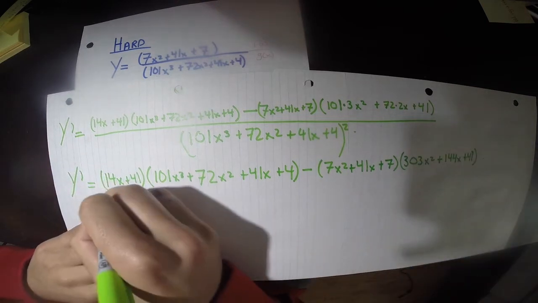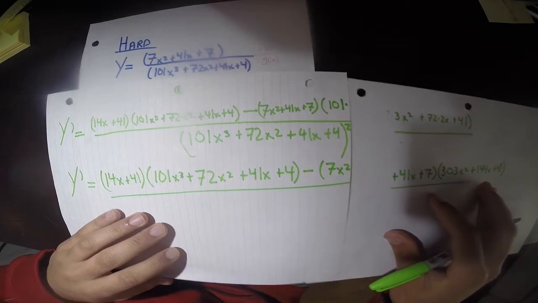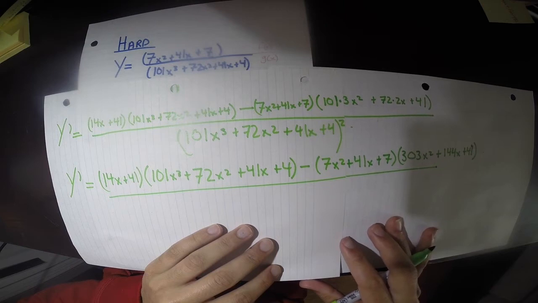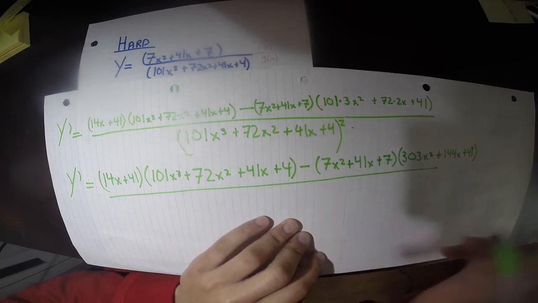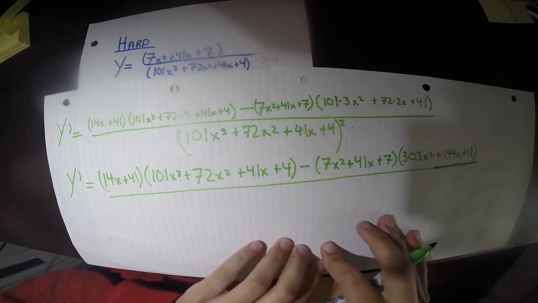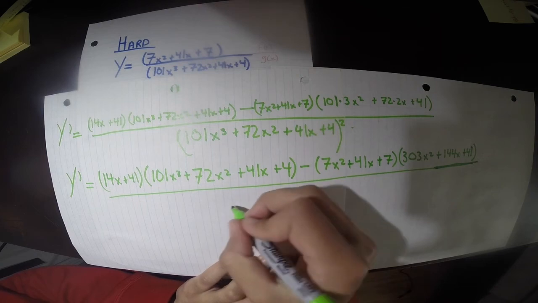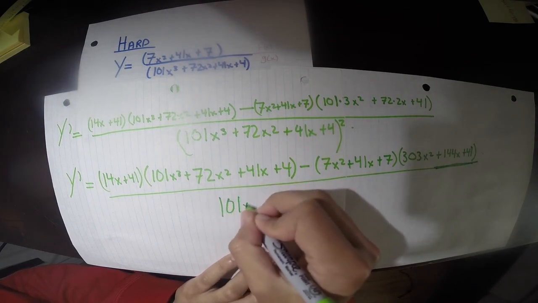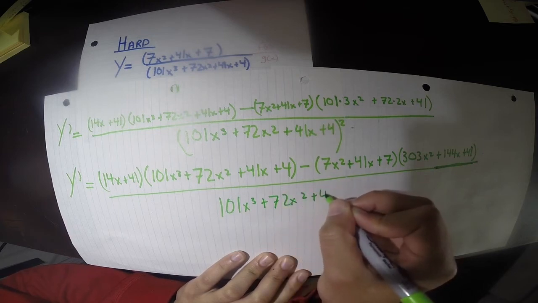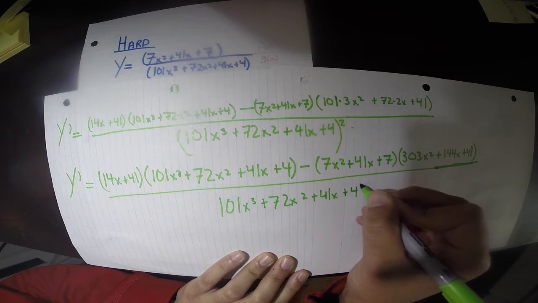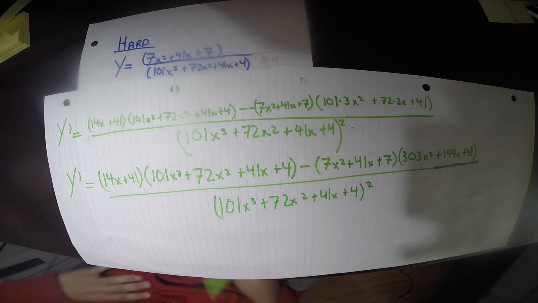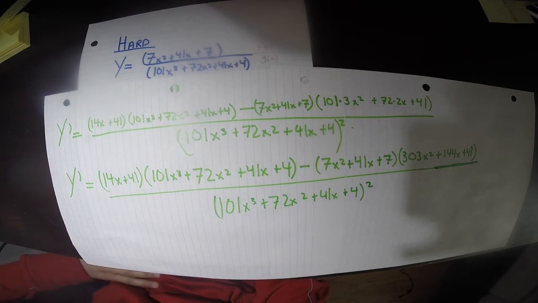And then you want to divide the whole thing by the same thing. There you go. That's how you divide it out, that's the quotient rule for this one.